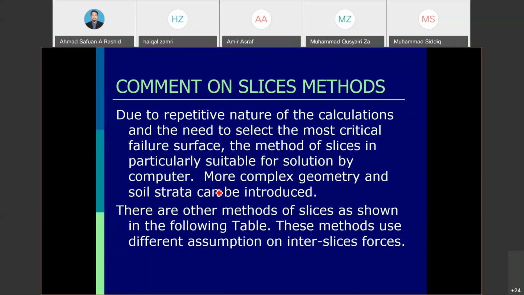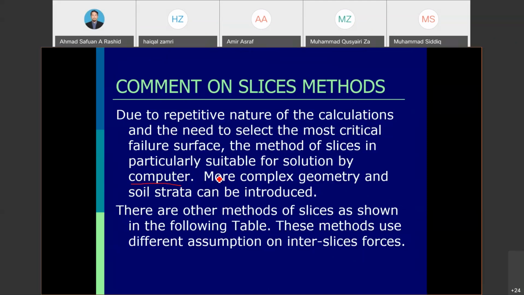So ni dicadangkan menggunakan software untuk solve, because we can introduce a different geometry, different source data, and also include the height of the groundwater.